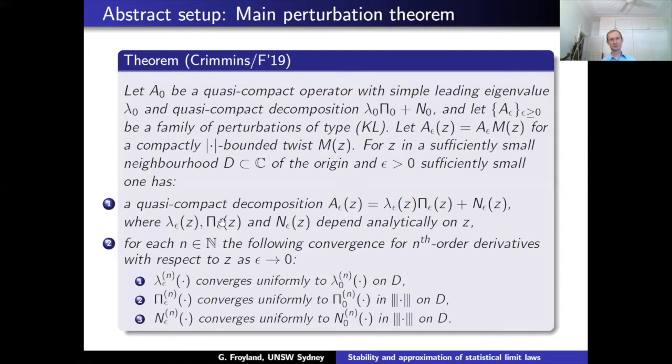Similarly, the projections. Now what happens as epsilon goes to 0? As epsilon goes to 0, the derivative of all orders of the top perturbed eigenvalue, which is a function of Z, converges uniformly to the nth derivative of the unperturbed eigenvalue, which is also a function of Z. So this is uniform in Z. The uniformity here is in Z. That's the easiest way to say it.